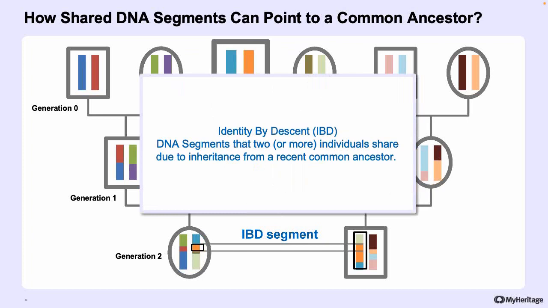So these two cousins have a segment, the orange one, the IBD segment, that they inherited from Annie. This segment can teach us that it links to Annie the ancestor. This is why segments are helpful to look at when you view DNA matches, to understand which is the common ancestor that you both share.